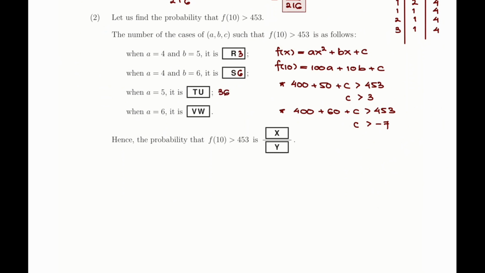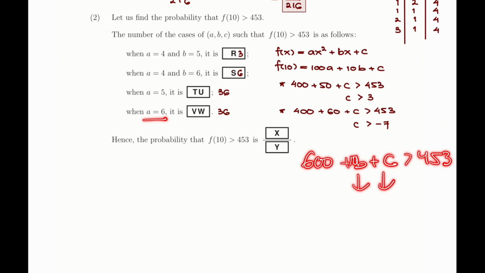And also for the last one. When a equals 6, you get 600 plus 10b plus c greater than 453. No matter what values of b and c you obtain, you will get a number that is greater than 453. So you have 6 choices for b, 6 choices for c.